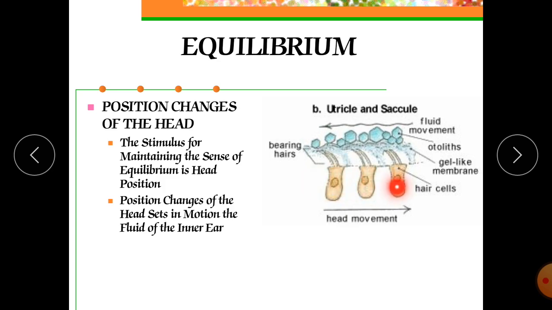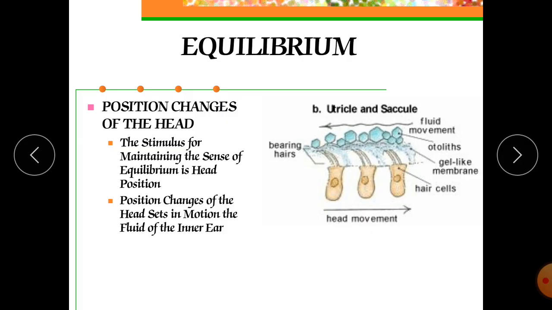The hairs in this area take information from the surroundings and give orders to our brain about the condition of our body, and they are identifying it and giving orders to our body to maintain its balance.